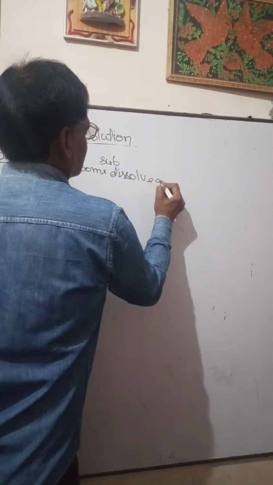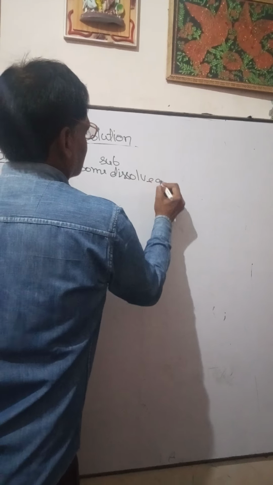But see the case when lattice enthalpy is equal to hydration enthalpy. Under this condition, what will happen? Delta G will become 0. The salt will never dissolve. Now see case number 3, where lattice enthalpy is more than hydration enthalpy.